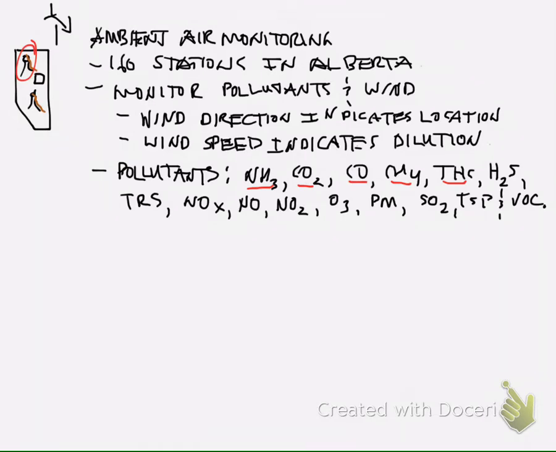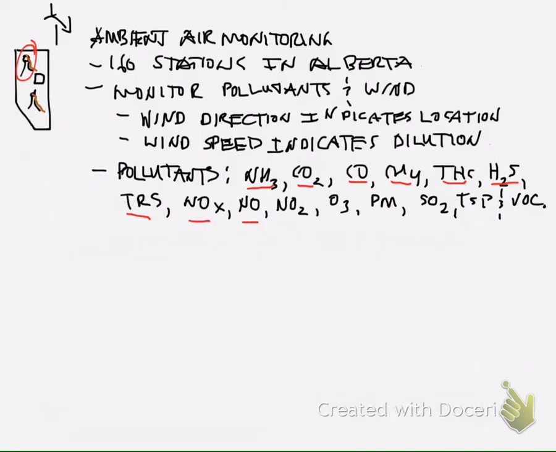And H2S, which is toxic, and total reduced sulfur, which H2S would fall under, but there are also other compounds. Total reduced sulfur, usually a major source of that is going to be pulp mills. The kraft process in pulp mills gives off a lot of sulfur. If you've ever been to Hinton or some of those towns that have pulp mills, you can relate to that smell from total reduced sulfurs.